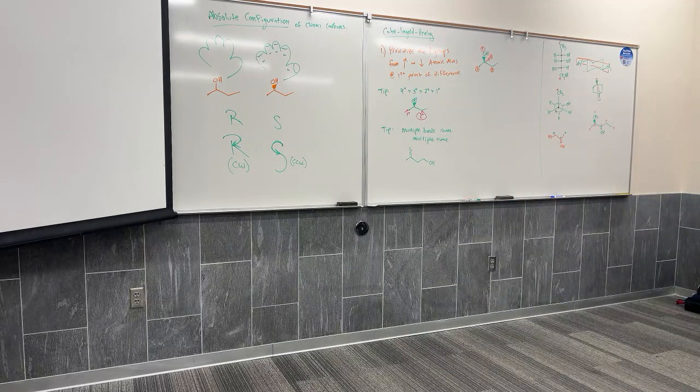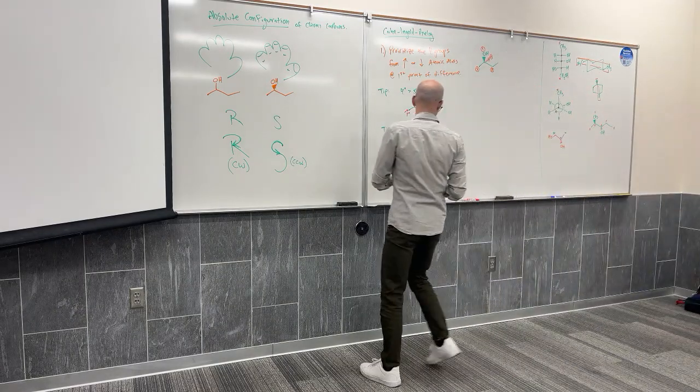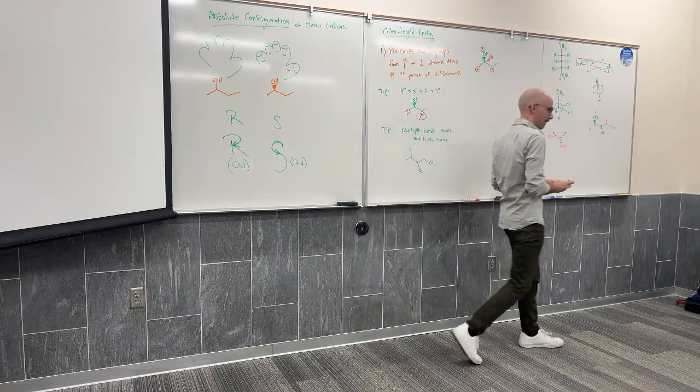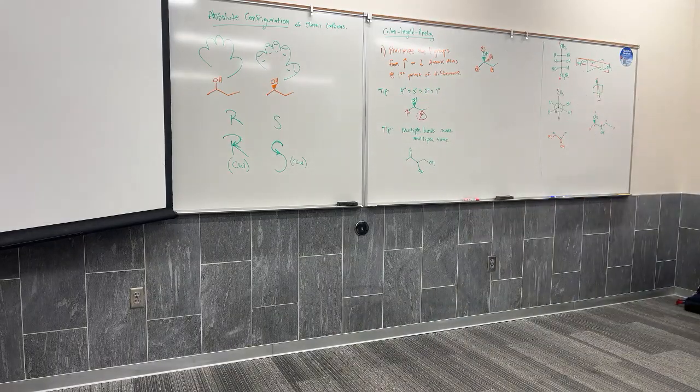This molecule has one chiral center. Oh, no, it doesn't. I'm sorry. I've added an OH group to that central carbon. Now it has one chiral center. That was my mistake. I had a CH2 group and 2 hydrogens.